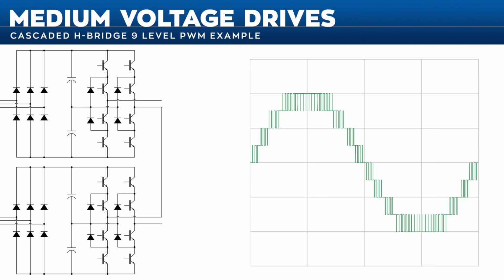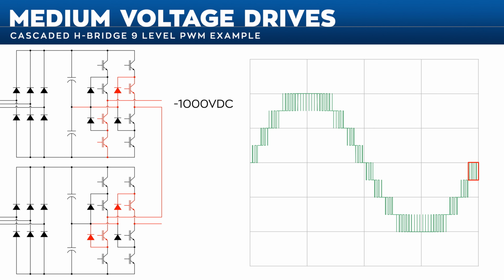The drive can switch between 0 and quarter voltage, quarter and half voltage, half and 3/4 voltage, 3/4 voltage and full voltage, half and 3/4 voltage, quarter and half voltage, 0 and quarter voltage, and continue the same steps with negative voltage. We created this 9-level single-phase waveform with 2 modular cascaded H-bridge drive cells.